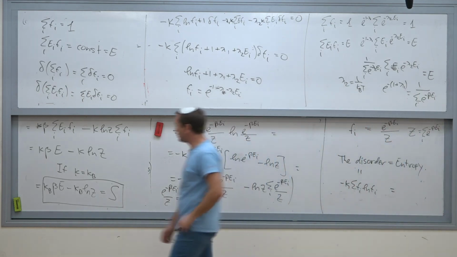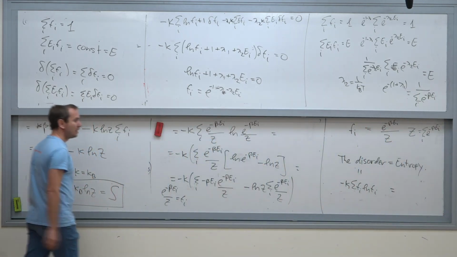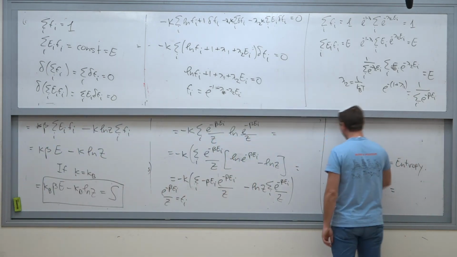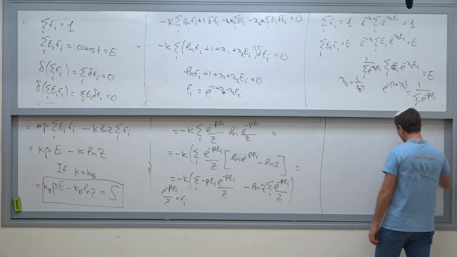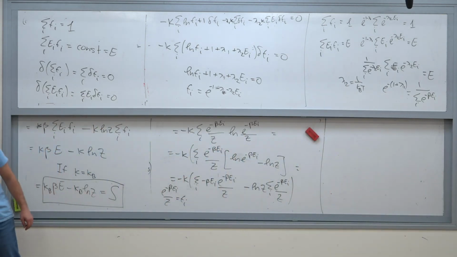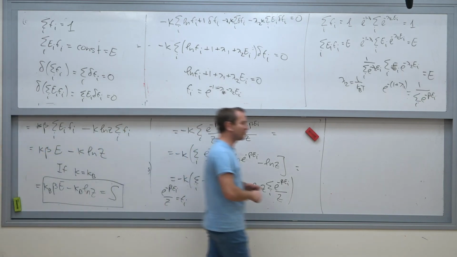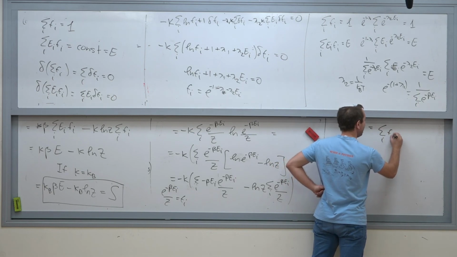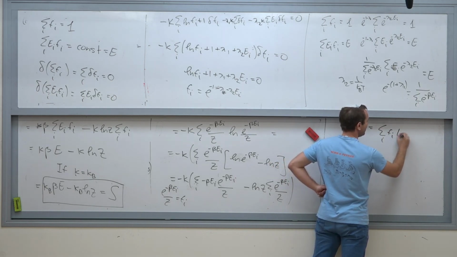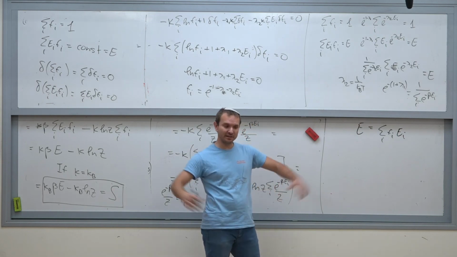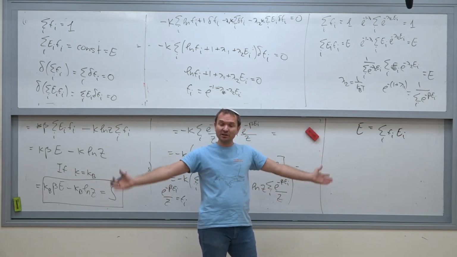And now what we are going to show next lesson is when you say, well, I don't want only my energy to be constant, where E is the sum over i of Fi Ei, but I want my system to be able to exchange particles with the reservoir.